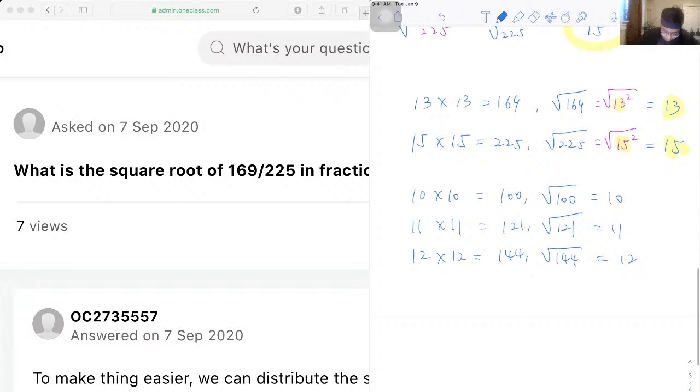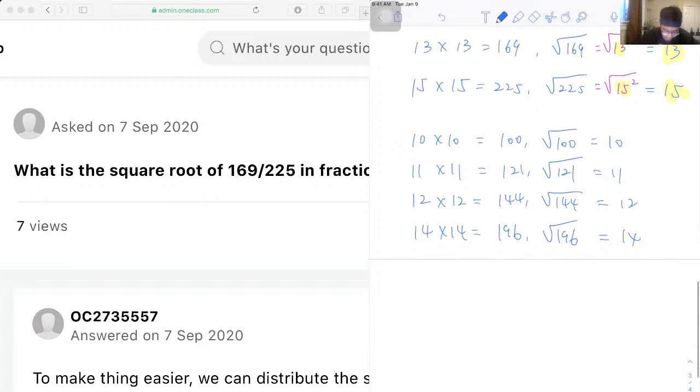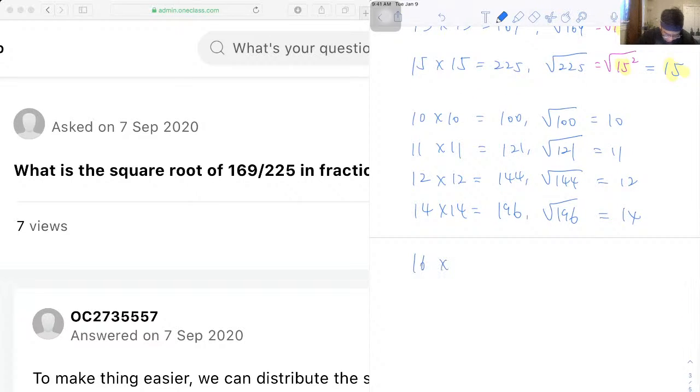And we have 13 above, so let's do 14. 14 times 14 is equal to 196, and the square root of 196 is equal to 14. We have 15 above, so let's do 16. 16 times 16 is equal to 256, and the square root of 256 is just equal to 16.